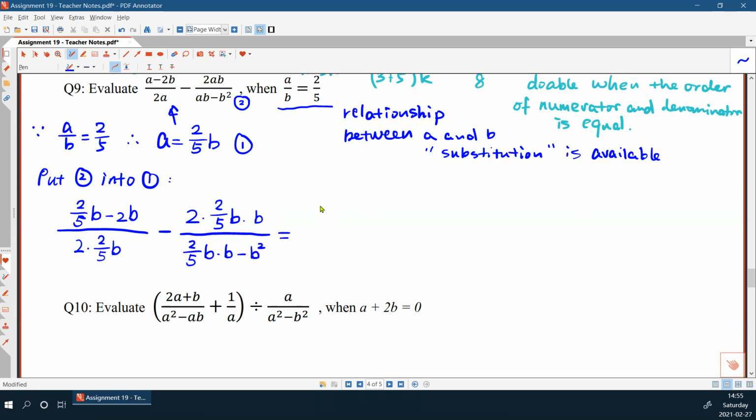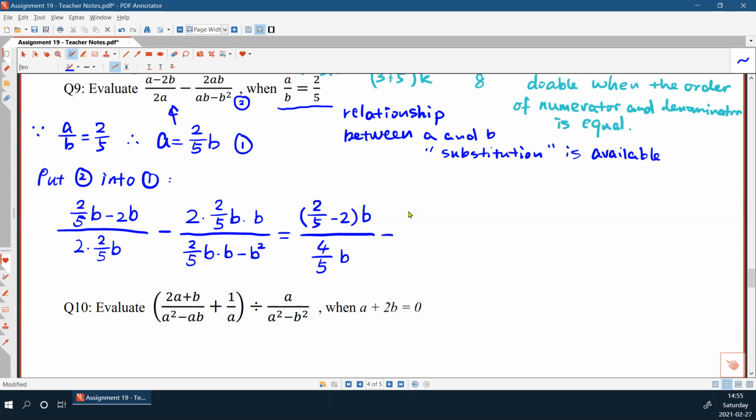Okay, now let's have a look at if we can simplify this expression. So according to the distributive law, first term is 2/5 minus 2 times b, and then 4 minus 5 times a b.